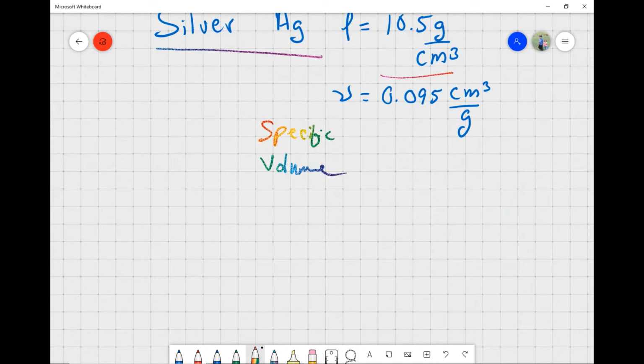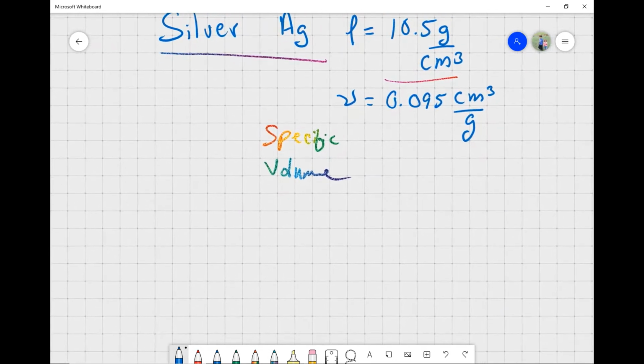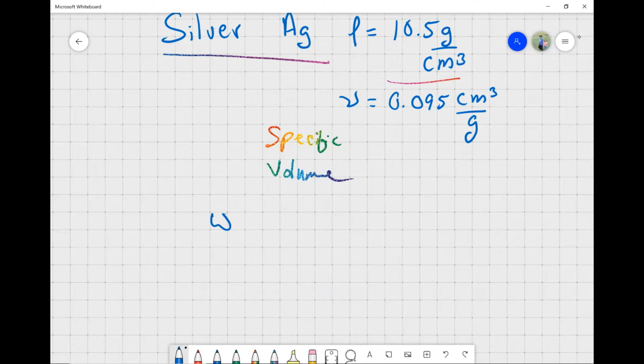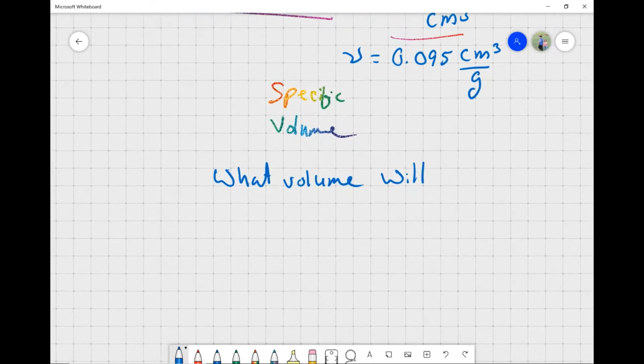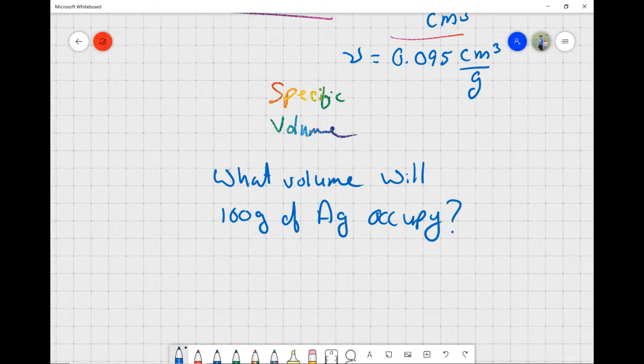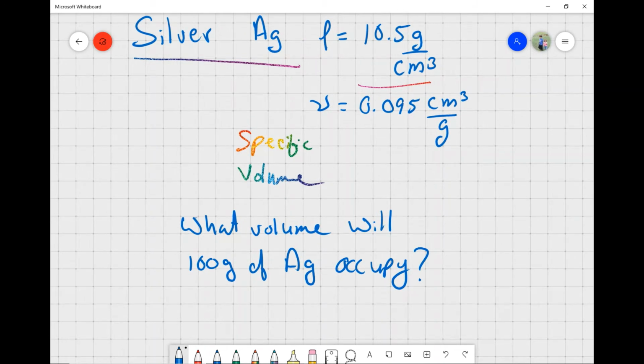We've seen some of this before, where we want to calculate, for example, what volume 100 grams of silver will occupy.